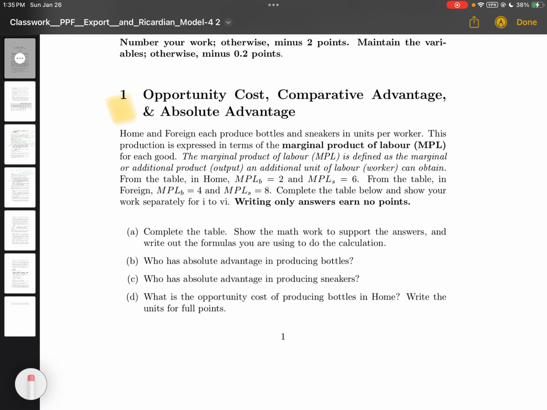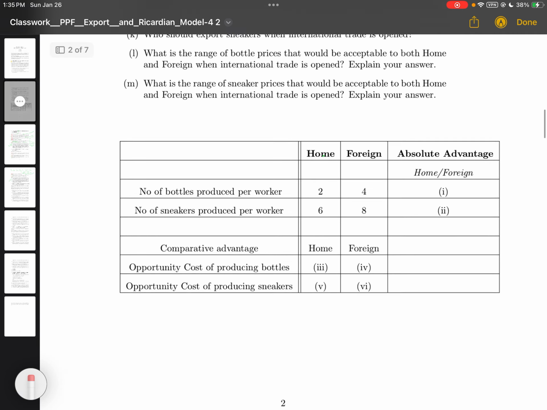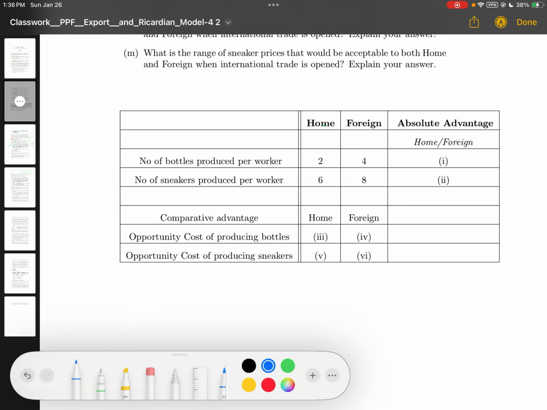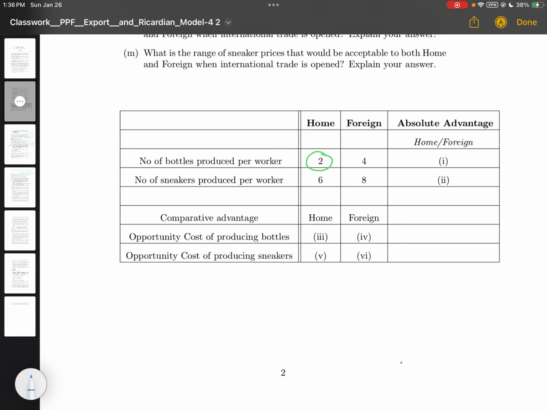Okay, first we observe this table, and in this table I have two countries, home and foreign. We see the number of bottles that one worker can produce in home, and the number of bottles another worker can produce in foreign.